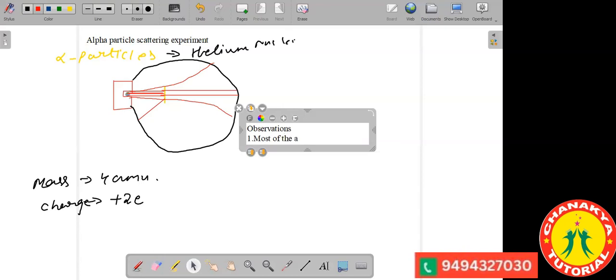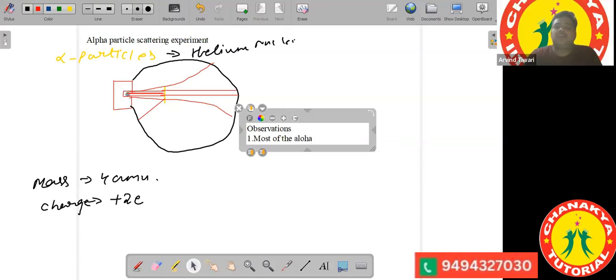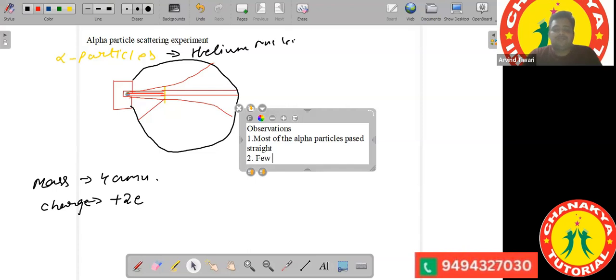Okay, so not few, it's most of the alpha particles that passed straight. Okay, most of the alpha particles passed straight. So this was one. And the second one was that a few alpha particles were deviated by small angles.